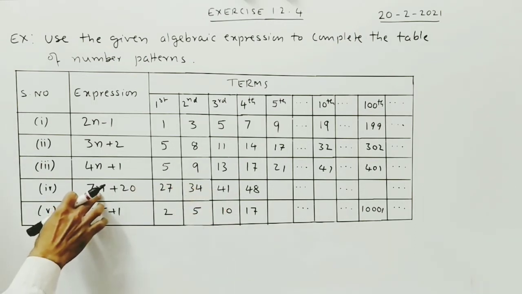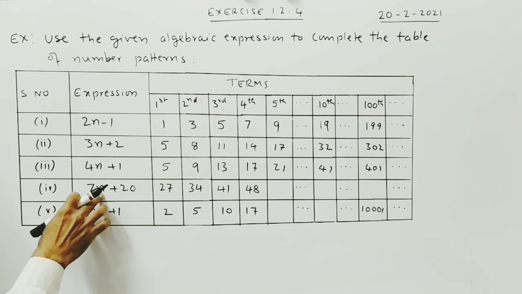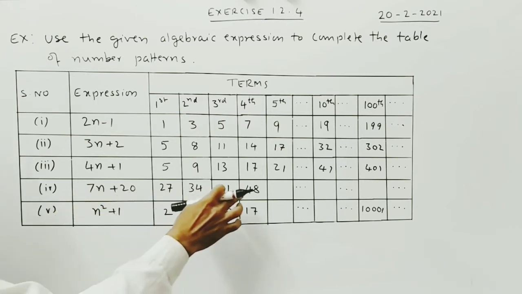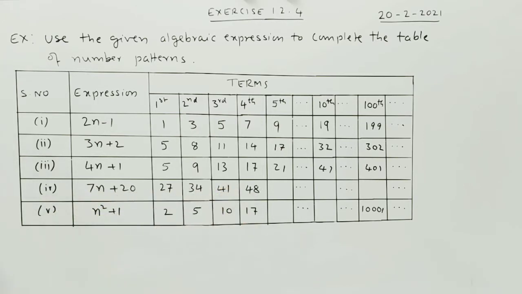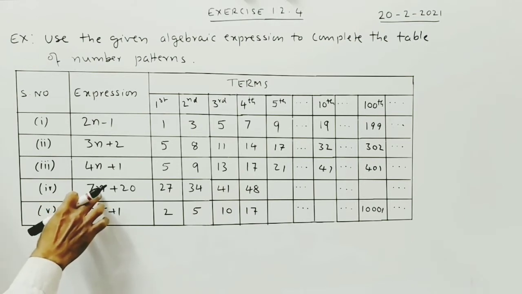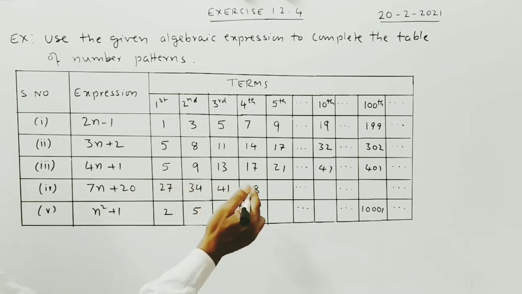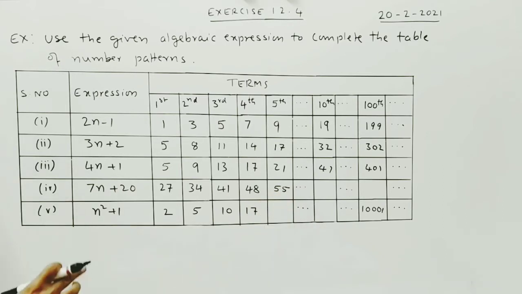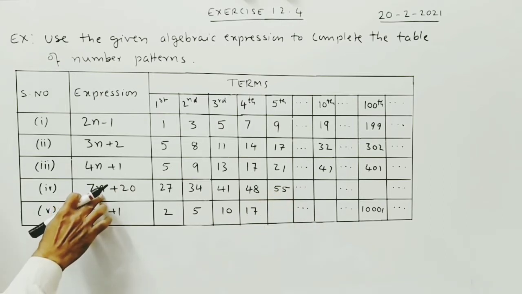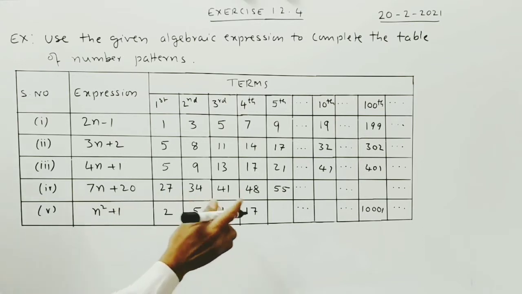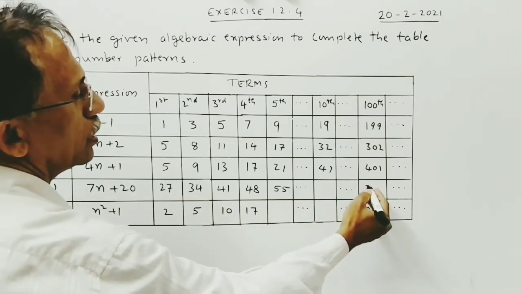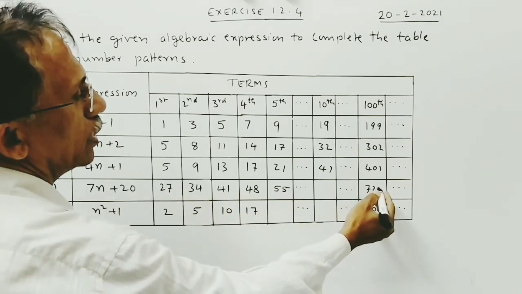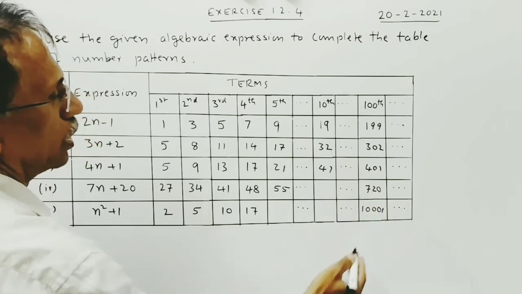When n is equal to 4, 28 plus 20, 48. When n is equal to 5, 35 plus 20, 55. When n is equal to 100, 700 plus 20, 720. That is the 100th term.